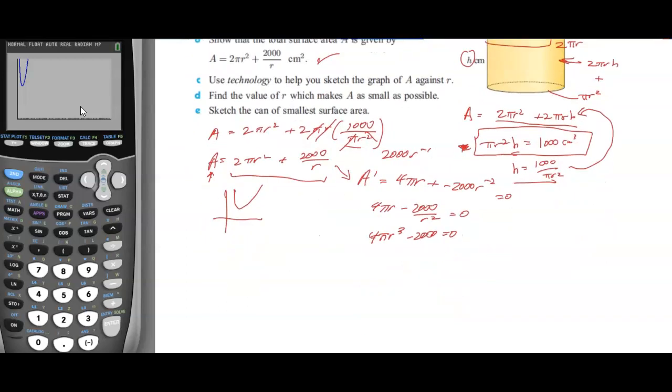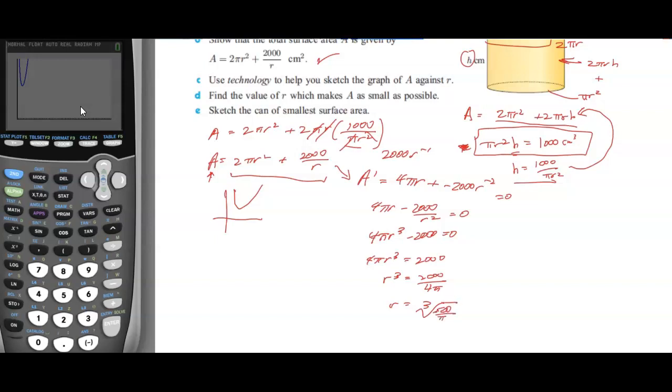Multiplying r squared times 0 does nothing, right? And then we can solve for r cubed by isolating the r cubed. r cubed is equal to 2,000 divided by 4 pi, and then we can cube root that. 2,000 divided by 4, by the way, would be 500 divided by pi.